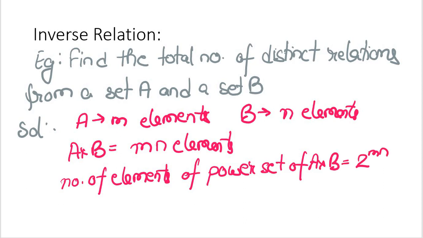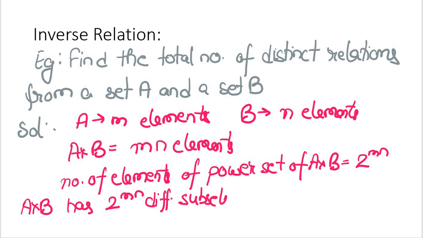We had a discussion just now. So in that case, A cross B will have 2 to the power mn different subsets, and we know that every subset of A cross B is nothing but a relation from A to B. So the different relations from A to B will be equal to 2 to the power mn.